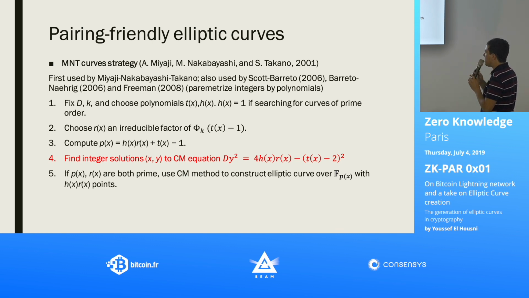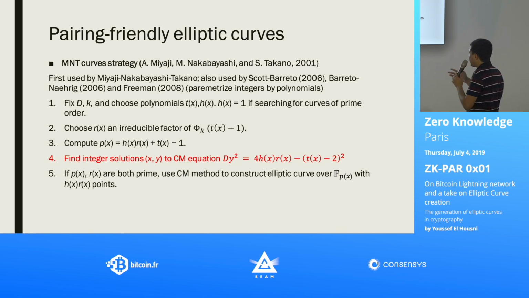So if you parameterize an elliptic curve here and you take t, for example, of degree 2, you will end up with an equation that has y squared on the left side, and on the other side some equation with x to the power 3. So this is another elliptic curve.